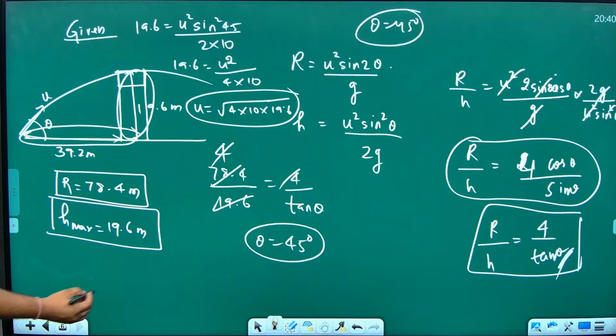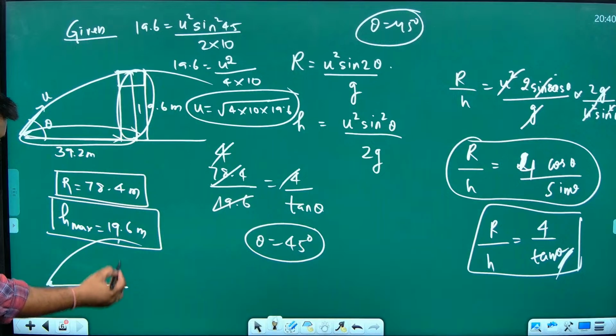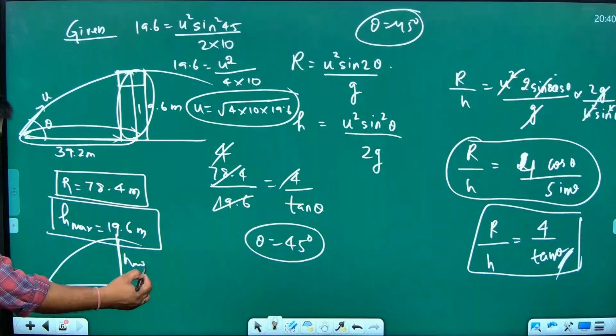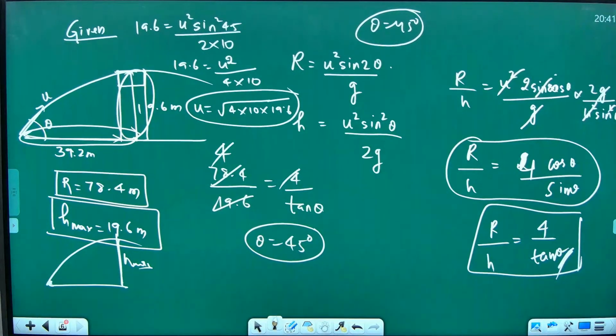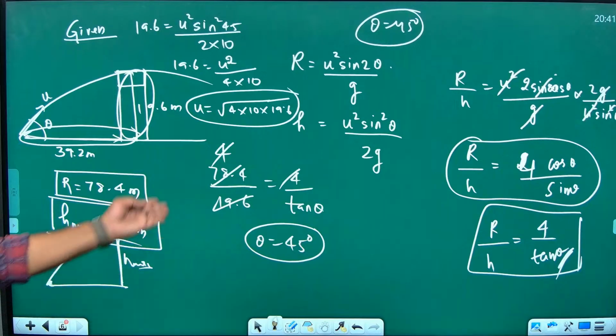Because they told that 39.2 meter it goes and it goes like this. So this must be H max, right? Read the question, you will realize why it is H max. Sir, so that relation you can directly use. Yeah, directly you can use.